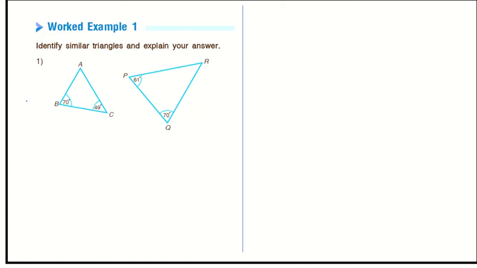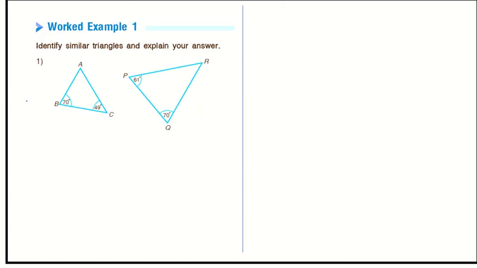We have two triangles ABC and PQR. We don't know if these two triangles are similar, but we note that two triangles are similar if the corresponding angles are equal, or the ratios of corresponding sides are equal.